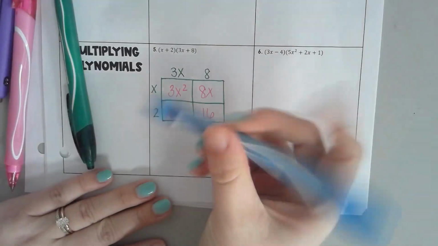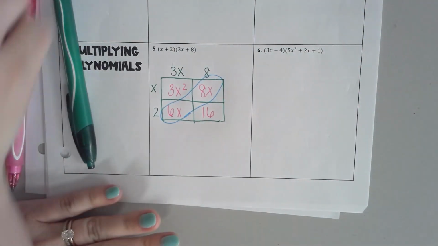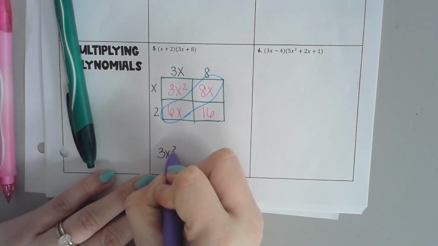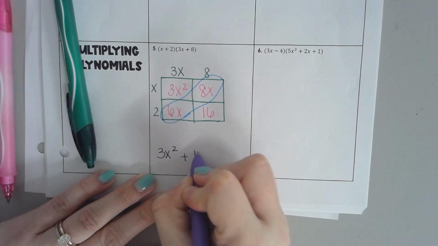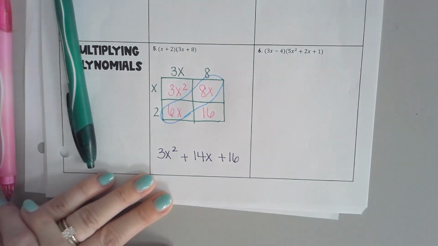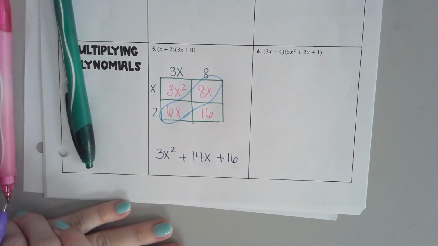Notice I have a 6x and I have an 8x. We can combine those. So my answer is 3x squared plus 14x plus 16.